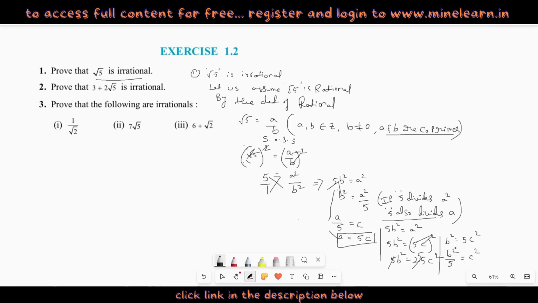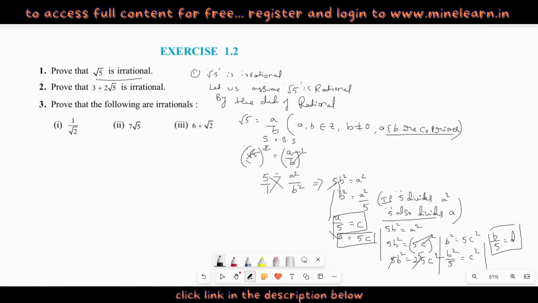In the same way, 5 divides b square, so it also divides b. So b is also divisible by 5, and the coefficient will be d. So here, a is divided by 5 and also b is divided by 5.